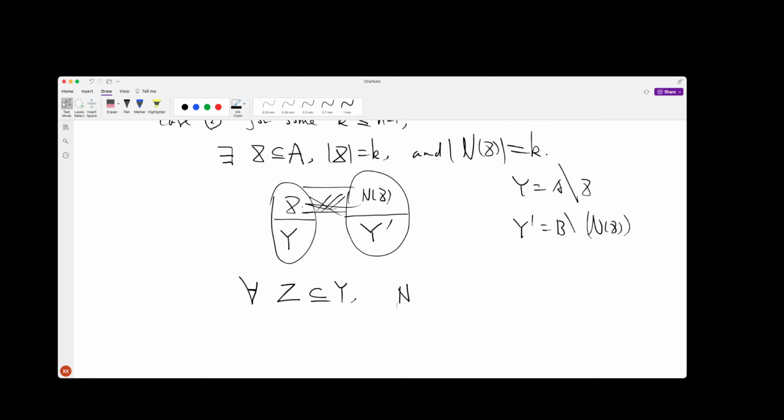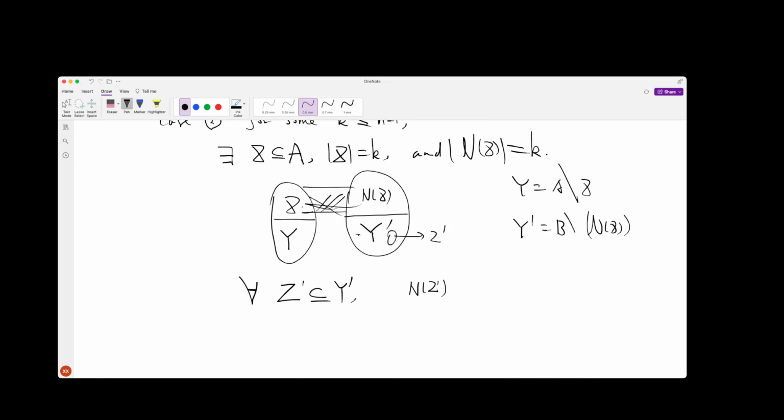Yeah, right. I think it's better to put a subset here. For any subset Z prime here, the neighborhood of Z prime, because this set does not connect to X, all its neighborhood is in Y prime.